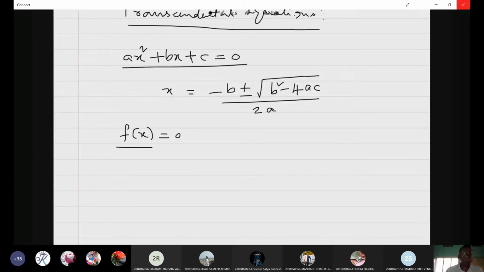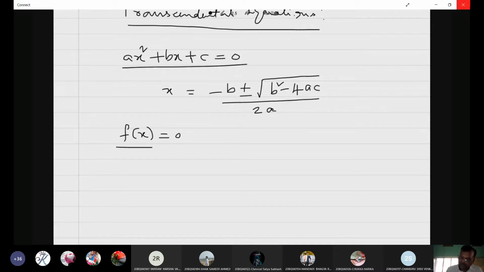Suppose its degree is 2, it is a quadratic equation. Degree 3, a cubic equation. Degree 4, a fourth order equation. Similarly, degree n is an nth degree polynomial equation.